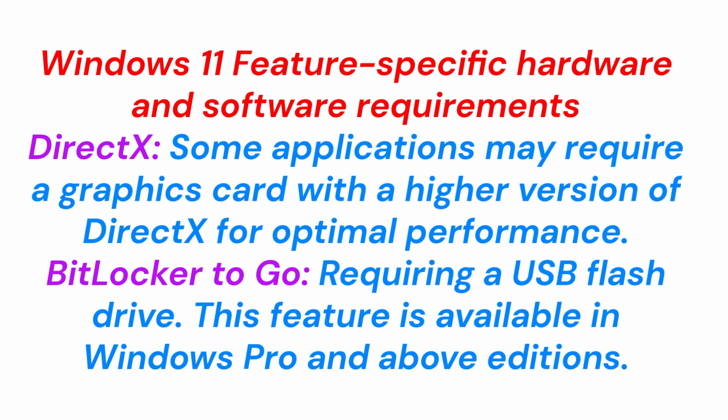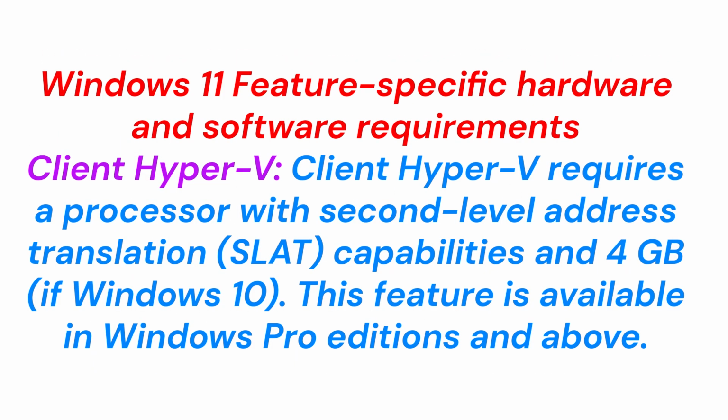DirectX. Some applications may require a graphics card with a higher version of DirectX for optimal performance. BitLocker To Go requires a USB flash drive. This feature is available in Windows Pro and above editions. Client Hyper-V requires a processor with second-level address translation (SLAT) capabilities, and 4 GB of RAM if Windows 10.